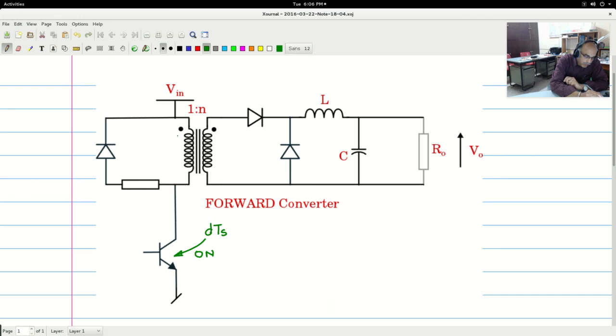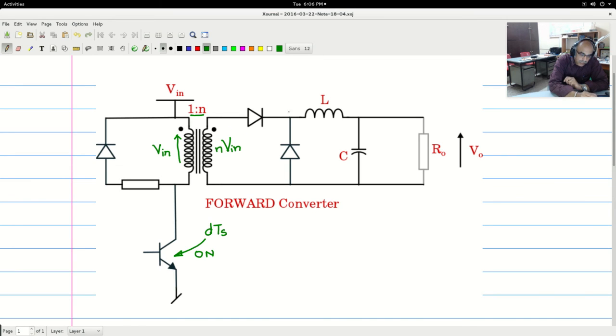So what is the voltage here? The whole voltage here is Vin, and the voltage that appears across on this side is n times Vin because of the turns ratio 1:n.